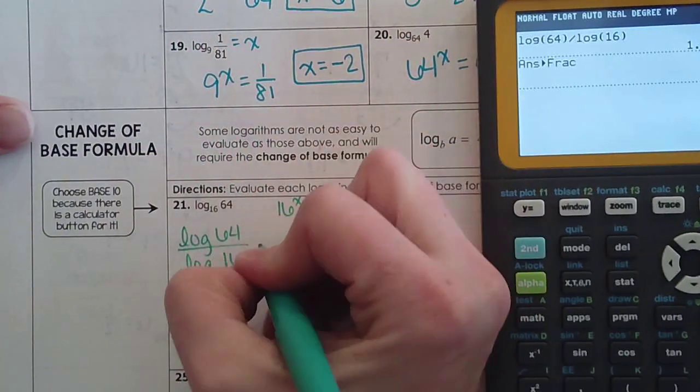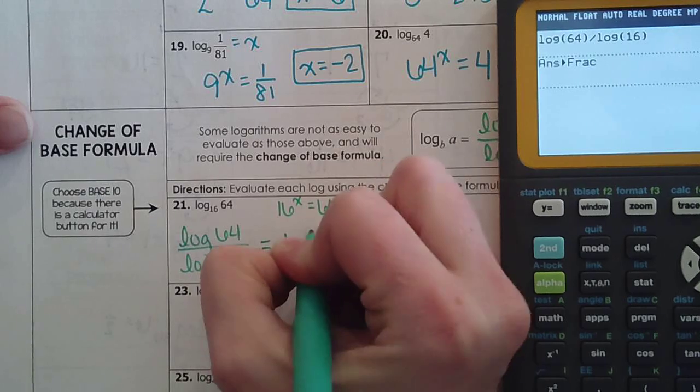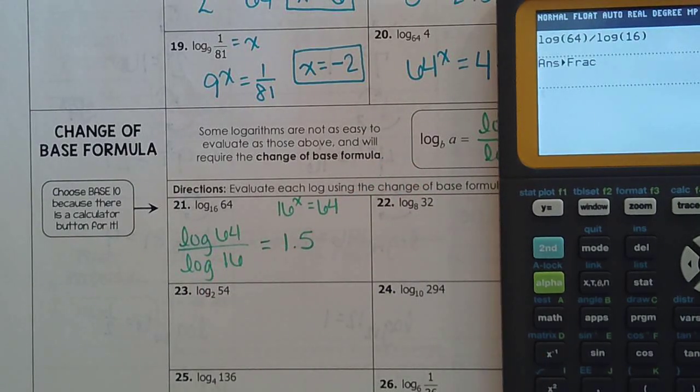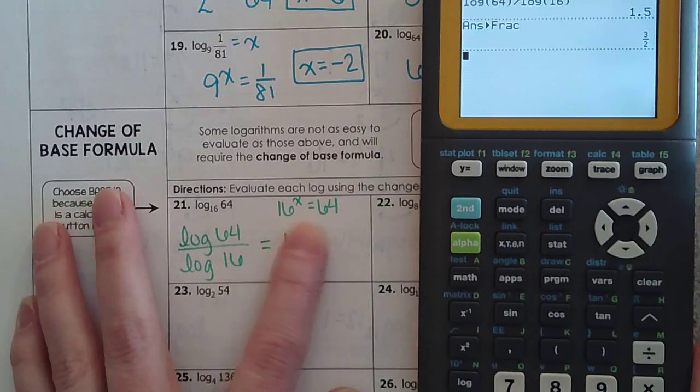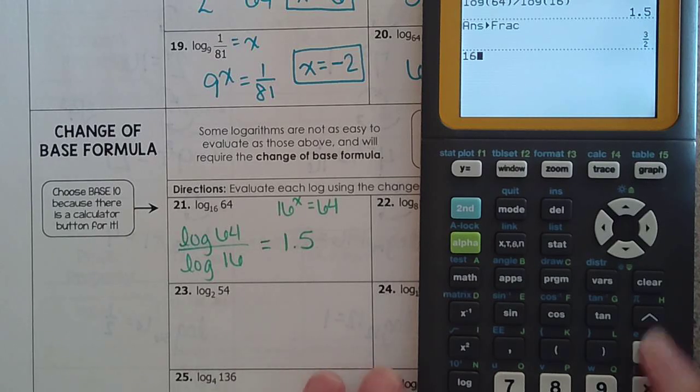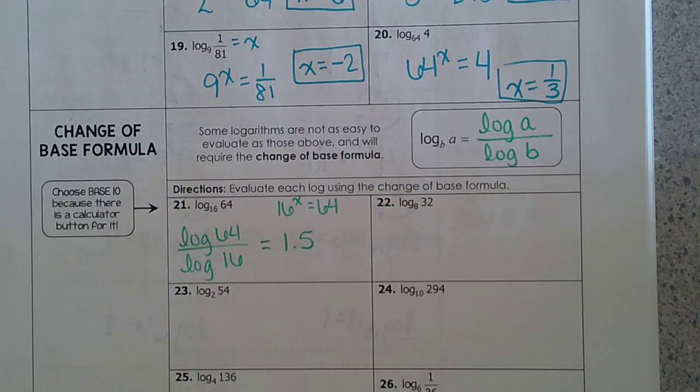You can give me the decimal here, 1.5. You can check your answer by going back to your exponential equation. 16 to the 1.5 is 64. But that change of base formula will work every time when you have one term and it's not a base 10. So let's try number 2.